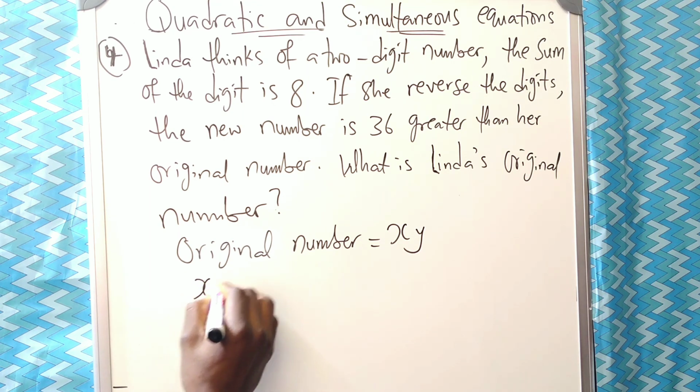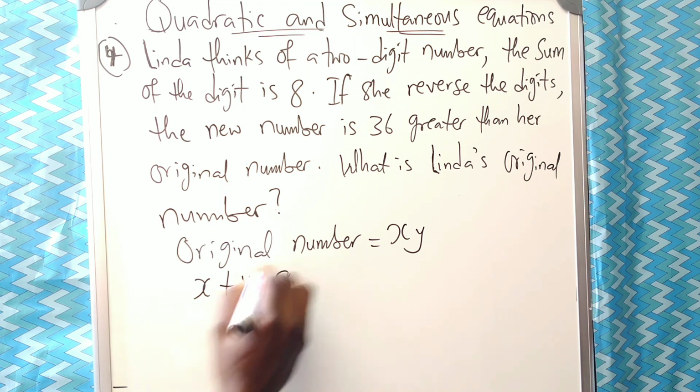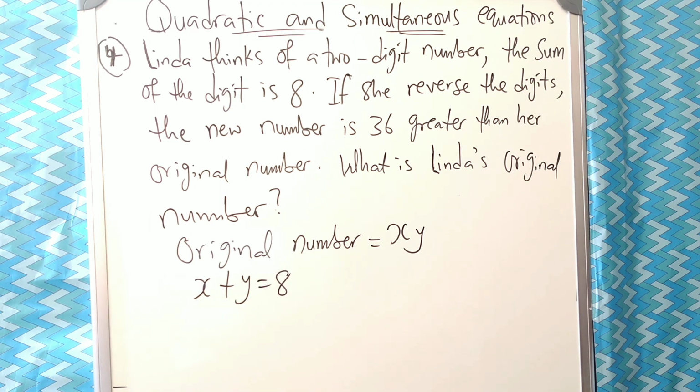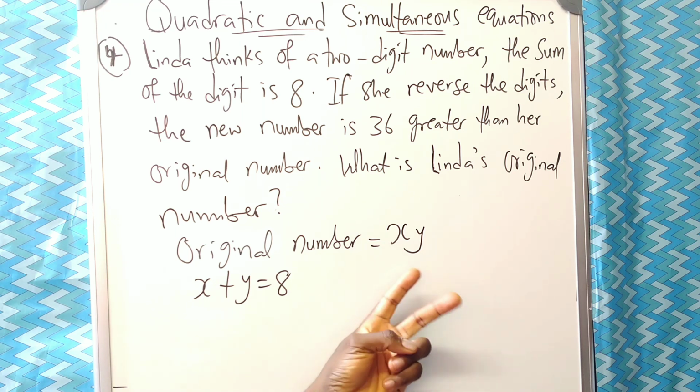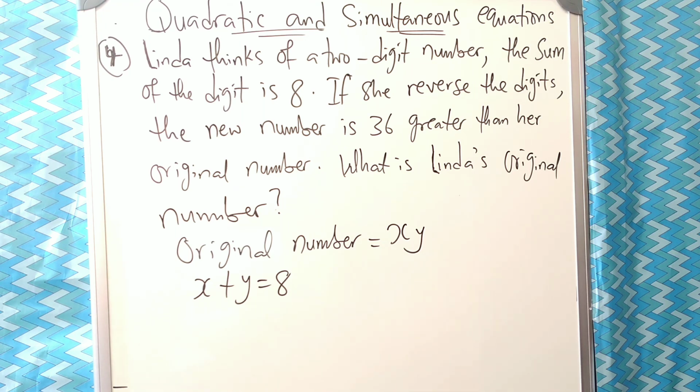That means x plus y equals 8. Now we are interpreting the word problem into equations. The next statement states, if she reverses the digits, so instead of having xy, she's going to have yx, the new number is 36 greater than our original number.